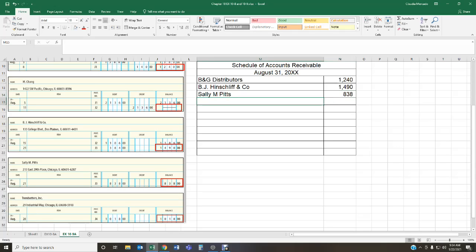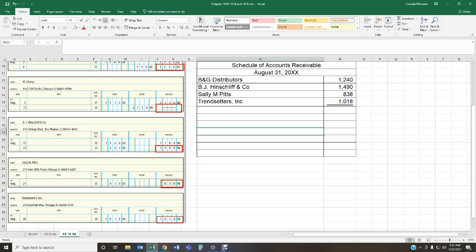And then last but not least, we have Trendsetters, and Trendsetters has a balance of 1,018. Now we're going to get our total. We're going to add the total of our 4 customers that owe us money, and that gives me 4,586.